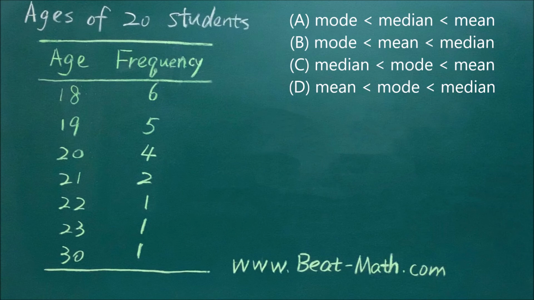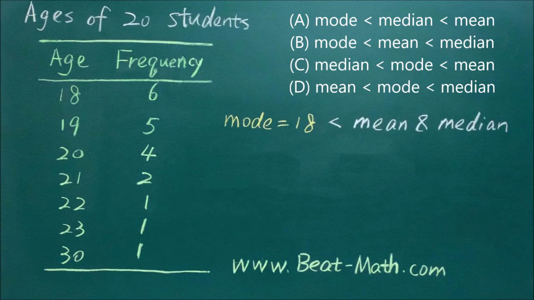As we can see in the table, the data value with the highest frequency is 18. That is the mode. And we also know that 18 is the smallest number in the data set, which means the mean and the median are larger than 18. So the mode is smaller than the mean and the median. In C and D, the mode is not the smallest, so we eliminate C and D.